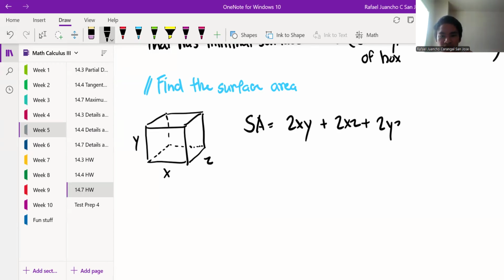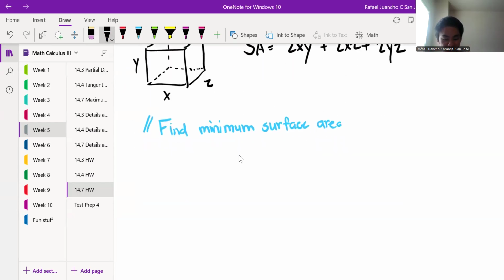So it's 2XY, 2XZ, 2YZ, right? So that's the total surface area. Now, how do we find its minimal? To find the minimal surface area, we want to take its derivative and then set it to 0, right? So here we're being asked to find the minimum surface area. And so here we basically just take its derivative and we set it to 0.